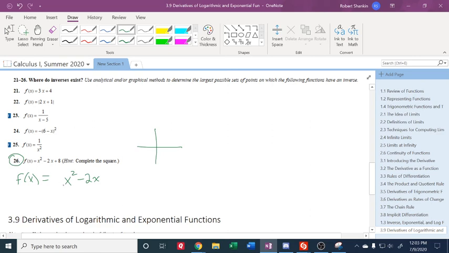So if the coefficient of x squared is 1, you take half of the middle term's coefficient, so it's negative 1, squared is plus 1.